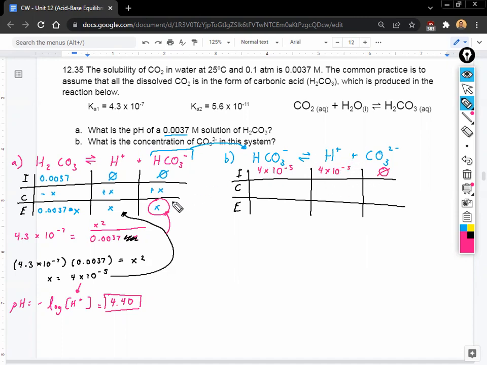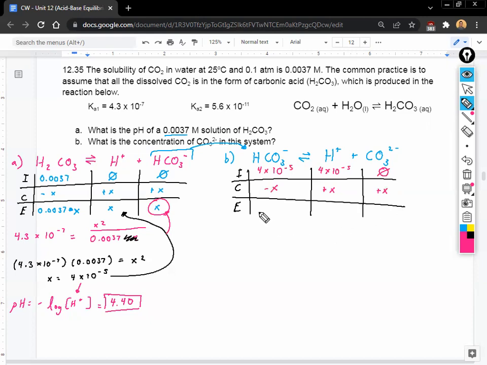So just to reiterate, when H2CO3 broke down, it broke down into 4 times 10 to the negative 5 for H plus and HCO3 minus. That's where we get these values. Okay, from there, we want to do the same thing. We're going to lose some of the weak acid, and we're going to gain H plus, and we're going to gain CO3 2 minus.